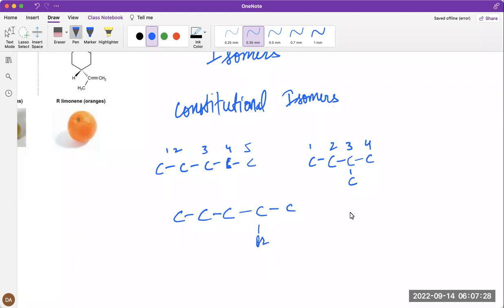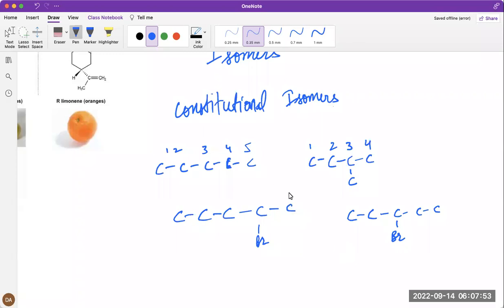Then we have a similar molecule, again with 5 carbons, but this time the bromine is sitting on the carbon in the middle. You see how the attachments are different. Still you've got 5 carbons and the bromine, but the way they're attached is different. So that's constitutional isomers.